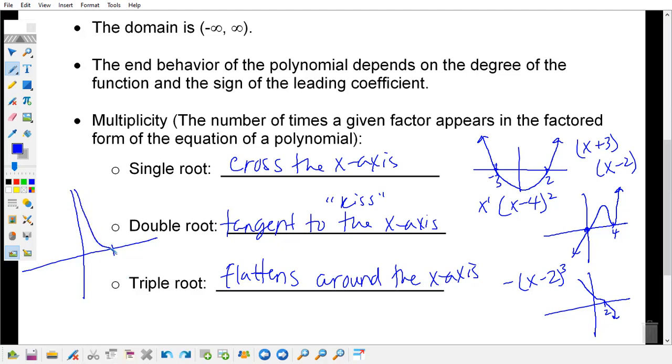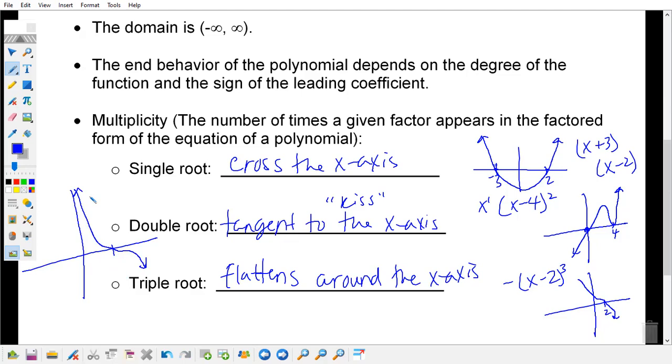So it's going to start flattening out, and then it curves back out. But I'm really horrible at drawing the flatten. Yeah, that looks better. Yours look better than mine, hopefully.